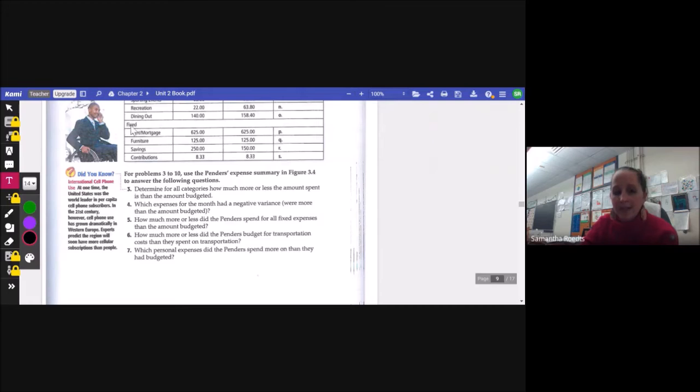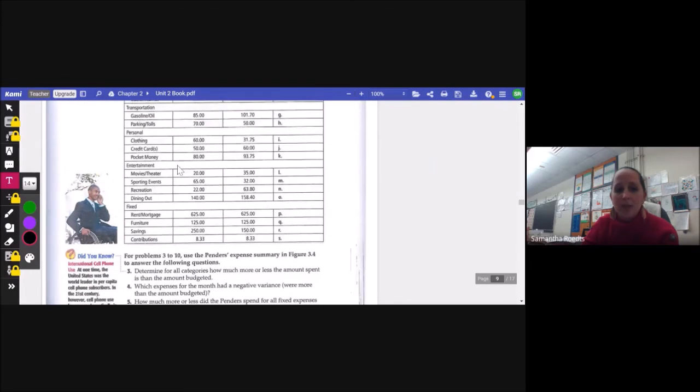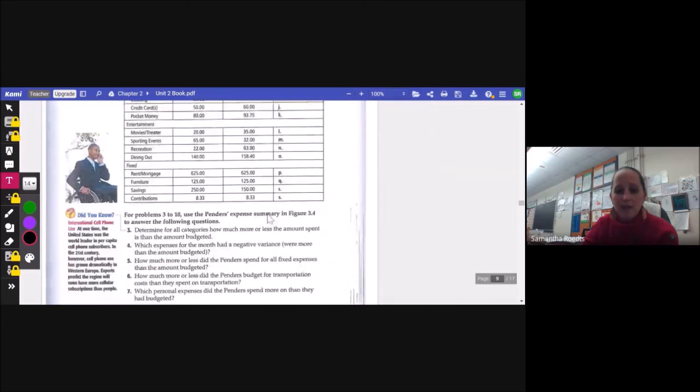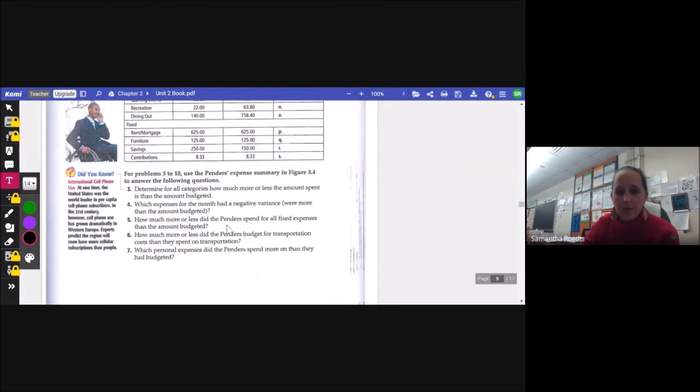I'm going to look at fixed and add up the differences P, Q, R, and S. I'll do the same thing for 6 with transportation: I add G and H together. So for number 5, we add P plus Q plus R plus S. For 6, we add G plus H.